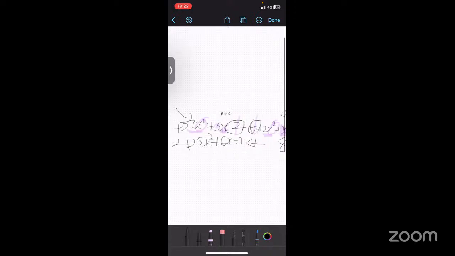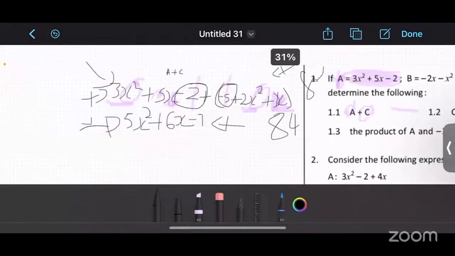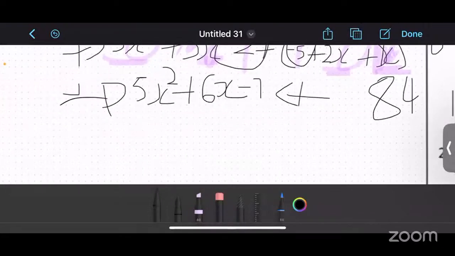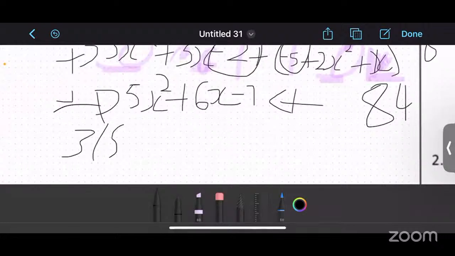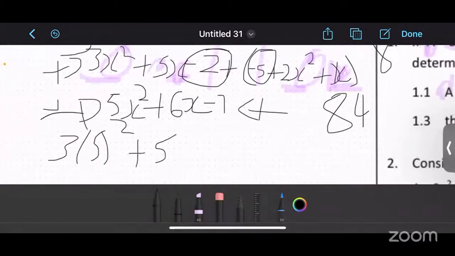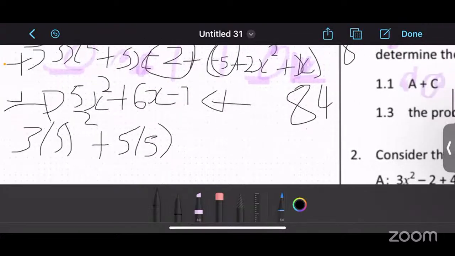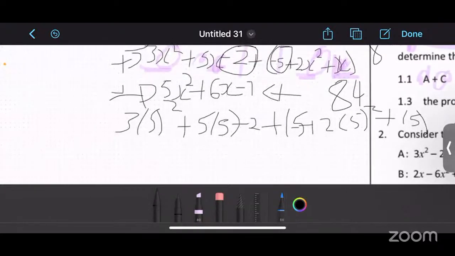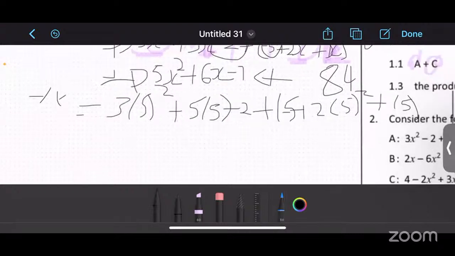What I wanted you to do on your calculator is this: 3 into 5 squared plus 5 into 5 minus 2 plus minus 5 plus 2 into 5 squared plus 5. Okay, so whatever you get here should be the same as what you're going to be getting here.